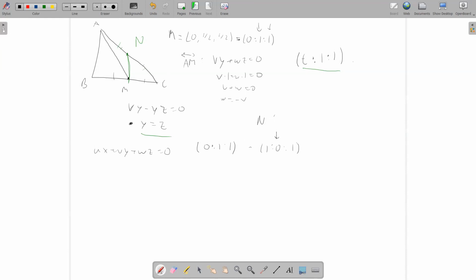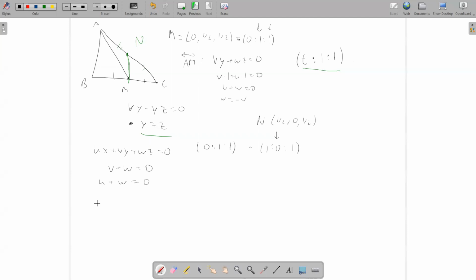Note that this is N, which unhomogenized would be half, 0, half. And so we plug this in, and we have v plus w equals 0 and u plus w equals 0.